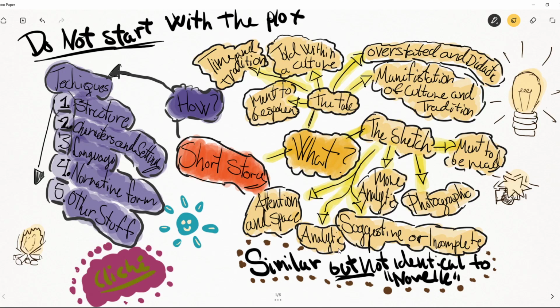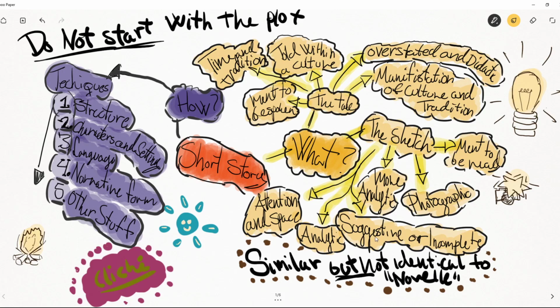As I have written down twice here, it's analytic. It's important that you raise some questions. Do not raise your questions by simply saying, "Well, what's up with all this stuff?" Do it a bit more subtly. And that leads me to my next point, that it should be suggestive.